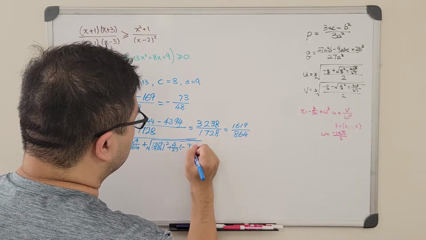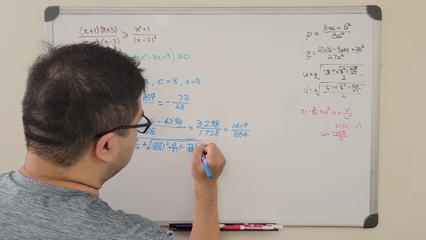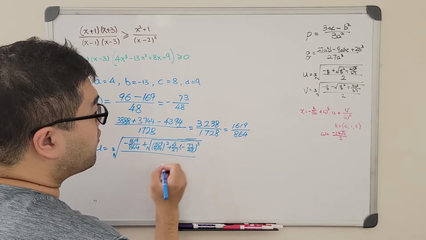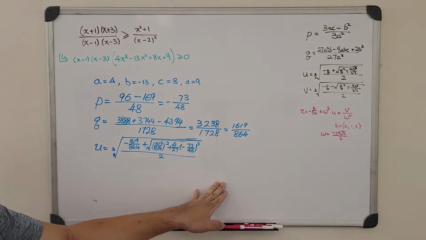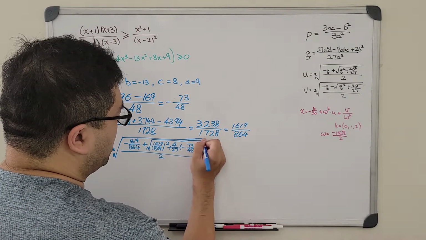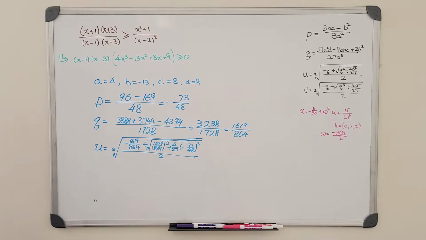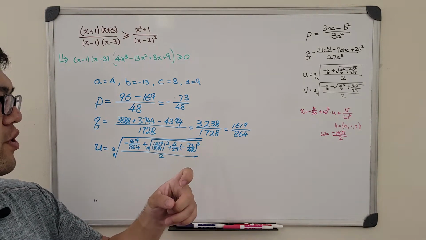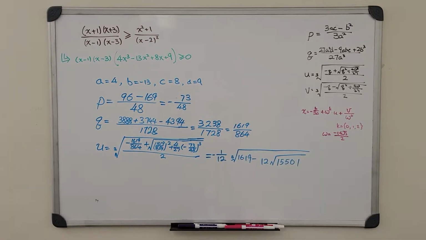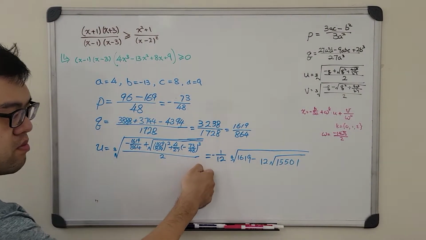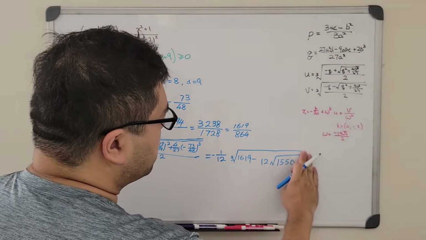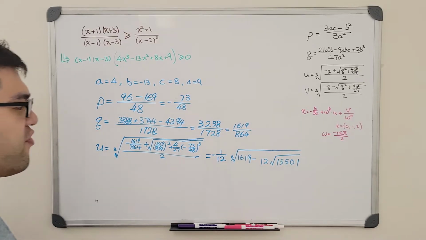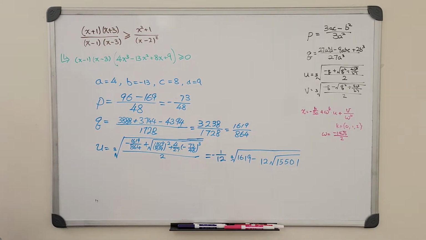So we're going to multiply with this. And then all over 2. So, of course, we can just try to simplify a little bit and do a lot of calculations. So, this is what we're going to get. Okay, so we actually get something that looks a lot nicer after we simplify it. And that's for the u value.